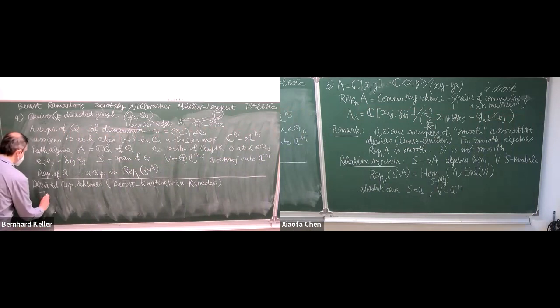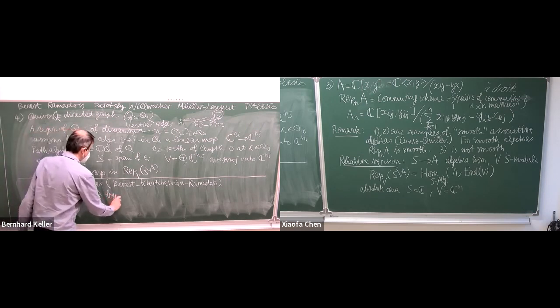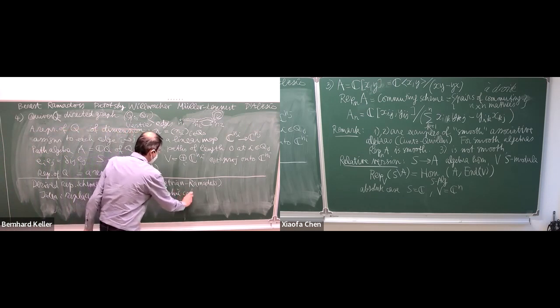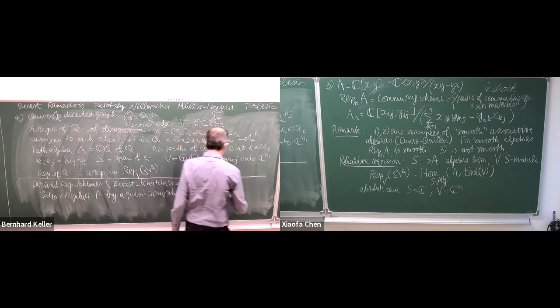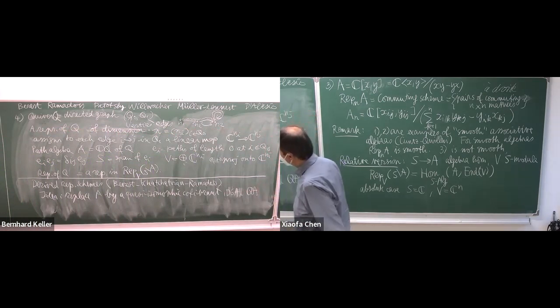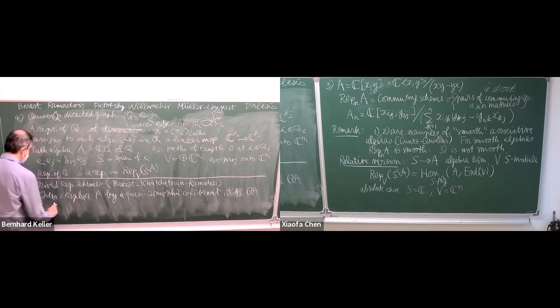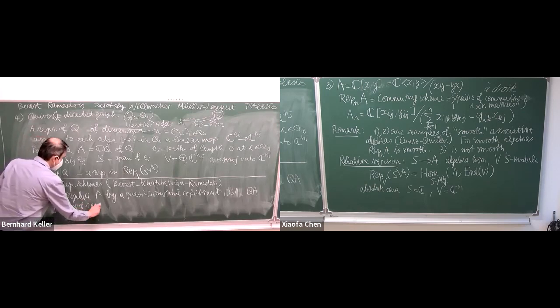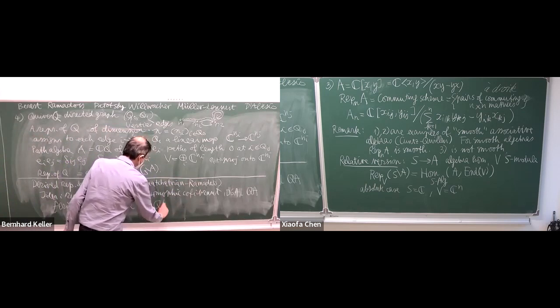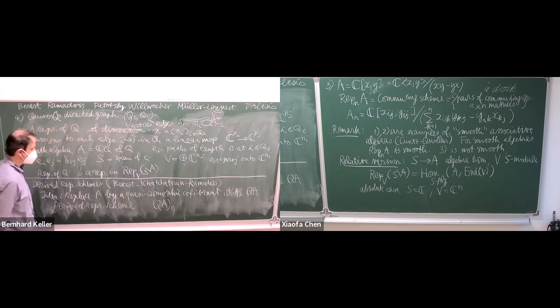So the idea is: replace A by a quasi-isomorphic cofibrant, whatever that means, differential graded algebra, DGA, and then define the derived representation scheme as you apply your functor to this replacement.